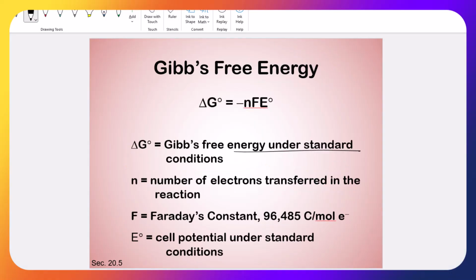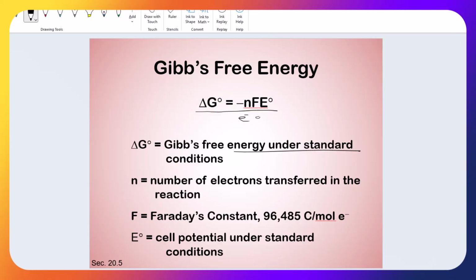Free energy with respect to cell potential. This is our equation for relating delta G from chapter 18, the change in Gibbs free energy under standard conditions, is equal to minus nFE. n is the number of electrons that are transferred.